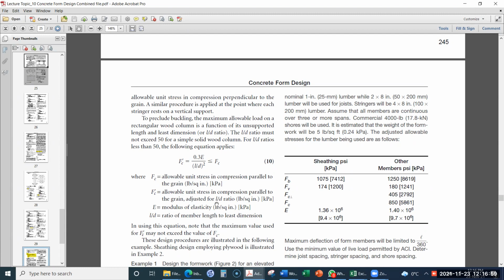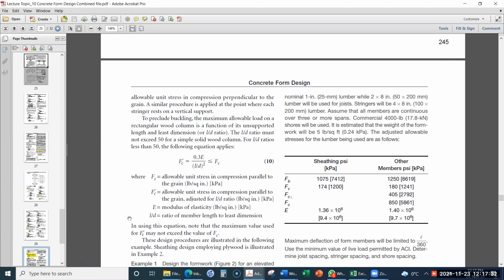You may have learned the theory of short columns and long columns, in which you may have come across this ratio, sometimes called the aspect ratio, where we take the length of the column and divide it by the minimum lateral dimension.